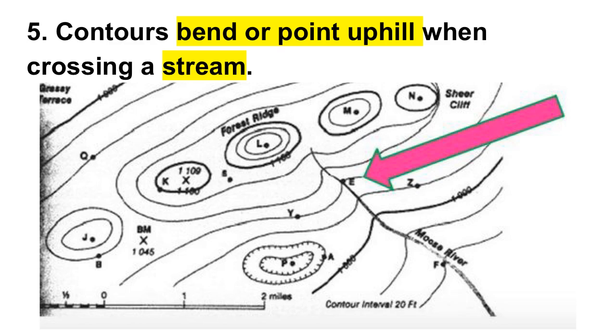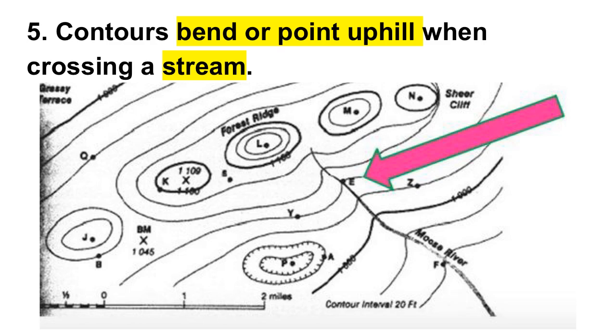Now as the contour lines are crossing the river, they don't just go straight across. So here's a contour line, but notice it's not just going straight across, right? As it crosses this river, it kind of points uphill as it crosses, and then it goes along. And you can see each one of these do that, right?